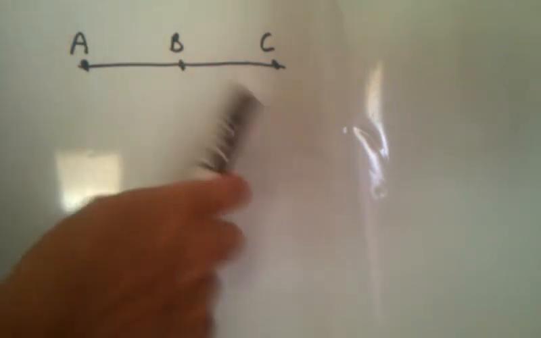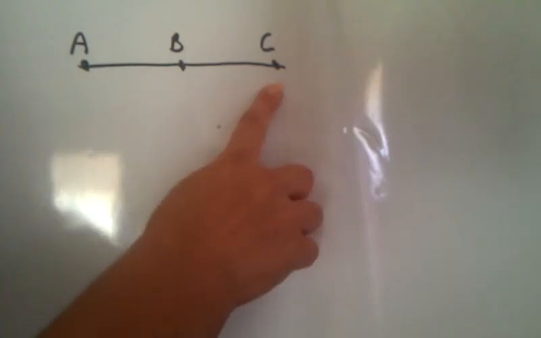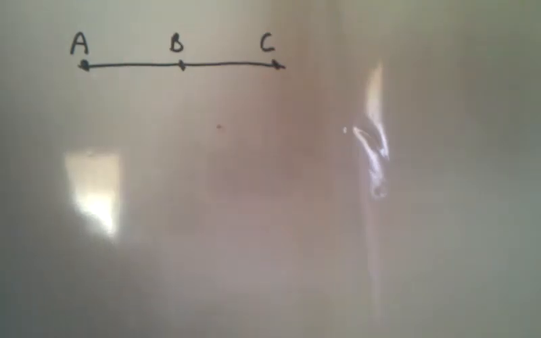B is the midpoint of AC. Does AB equal BC? Yes or no? Yes. Does AB plus BC equal AC? Yes. Does AC plus BC equal AB? No, we can tell by looking at it. AB is smaller than AC.